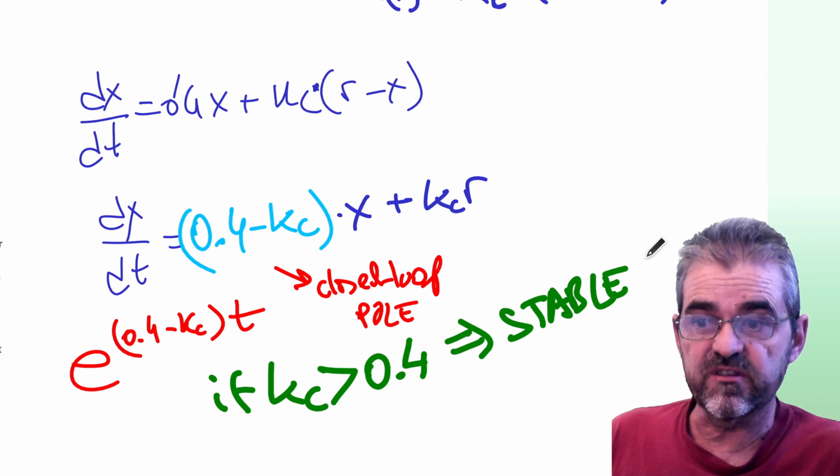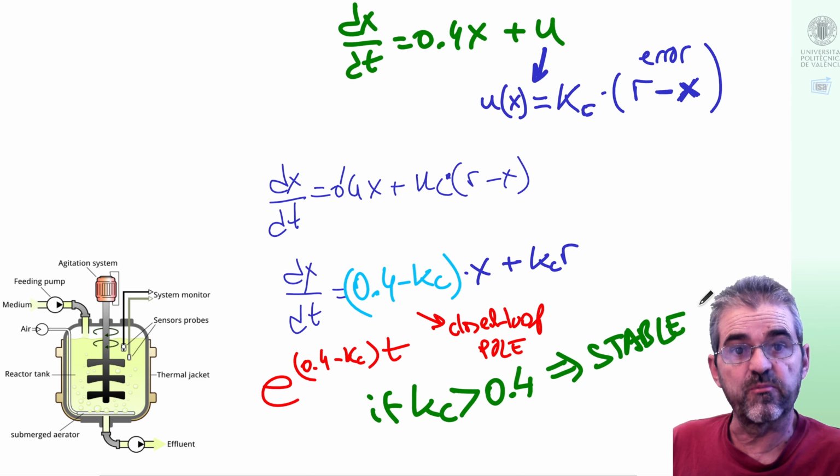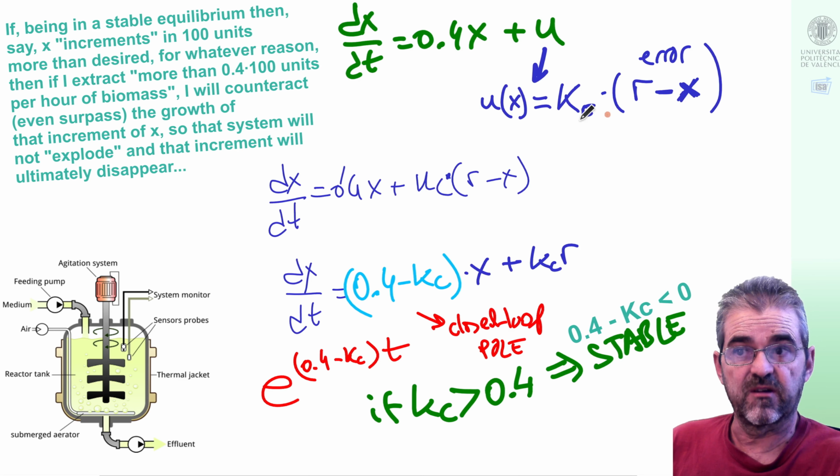What is the intuitive meaning of this? Well, if the natural growth of the population is 0.4x, then if x increments, my increment of control action is larger than 0.4x negative.